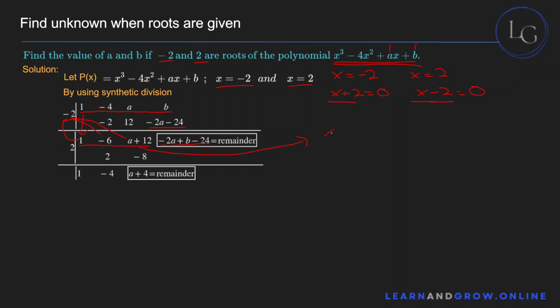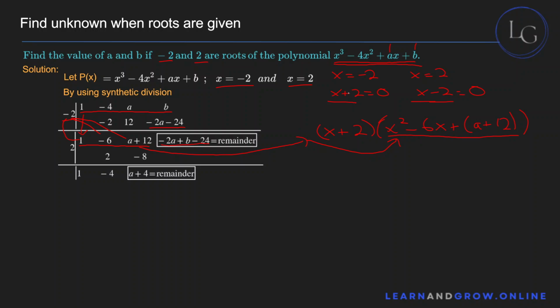So this basically gives you x plus 2, and over here you'll be writing down the quadratic expression, which is 1 is the coefficient of x squared, so x squared, -6 is the coefficient of x, so -6x, and this is the constant, a plus 12. So this will become plus a plus 12. This is the quadratic expression.